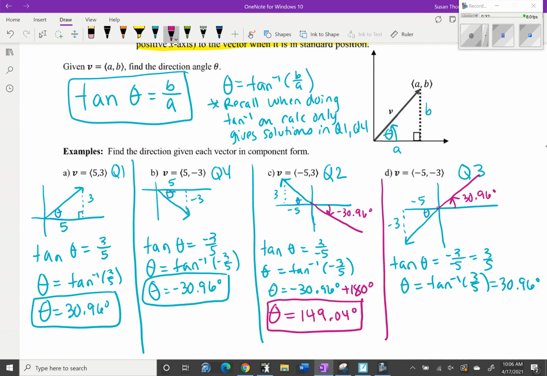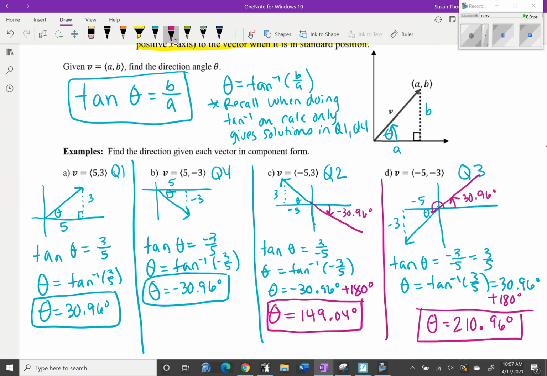We need to figure out what the angle is, the direction for this vector. So we need to figure out this distance here. And in order to do that, notice that from this vector to the other side is a 180-degree difference. So we're going to add 180 degrees to the 30.96. So that means theta is equal to 210.96 degrees.